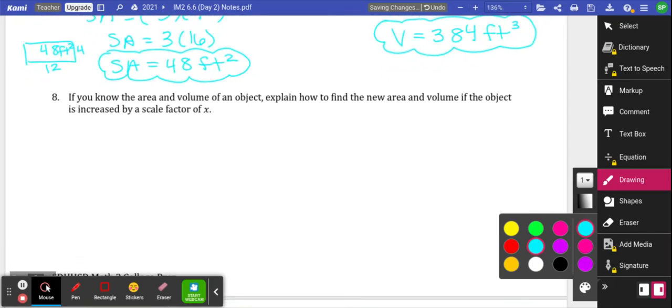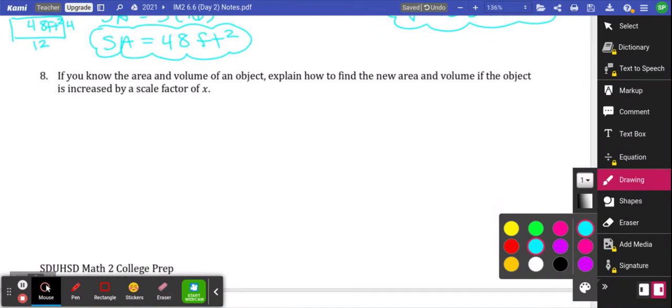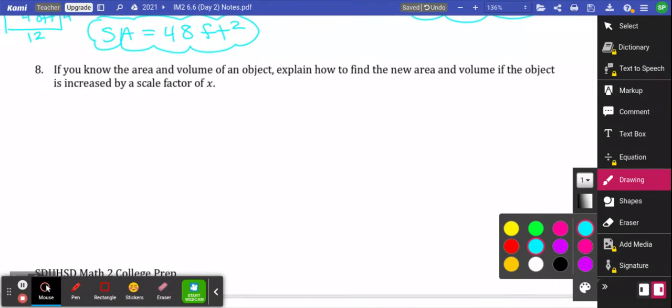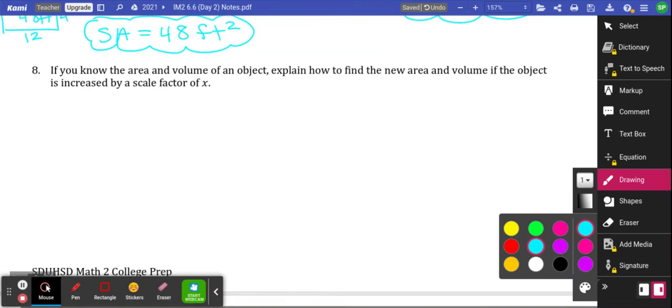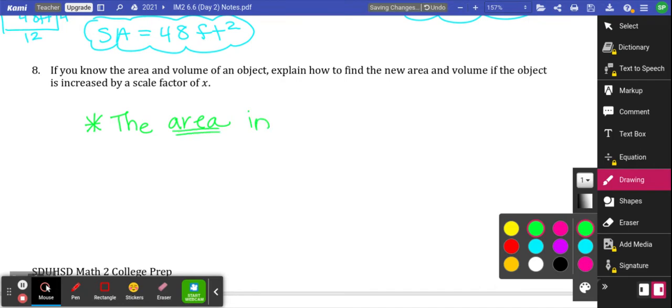If you know the area and volume of an object, explain how you find the new area and volume if the object is increased by a scale factor of x. Okay. So the area, so let's just put this down here. So the area increases, so this is area we're talking about, not volume.